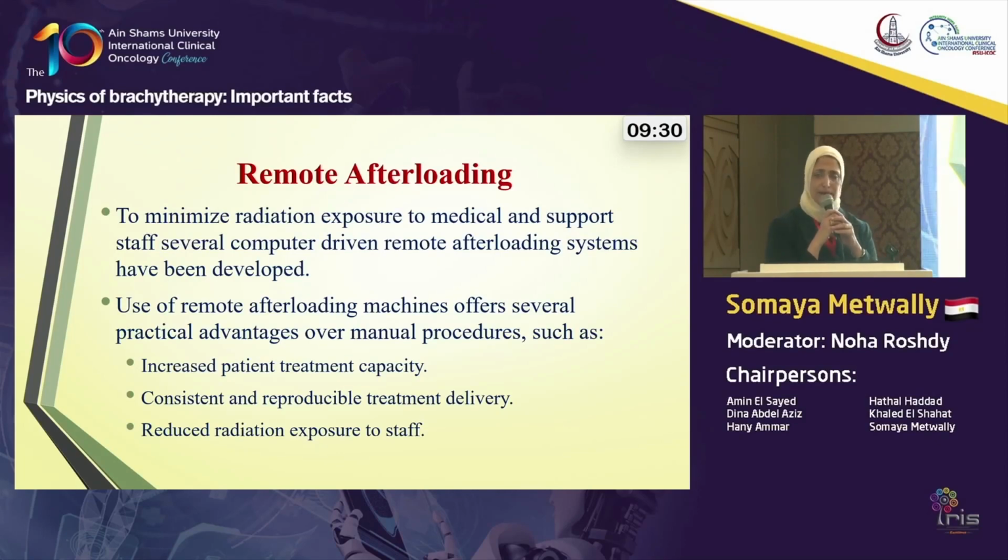So you can't treat maybe 1 or 2 per day, but after this development, we can handle maybe up to 8 patients per day. This is one of the advantages of the remote after loading. And also one of its advantages is reduced radiation exposure to the staff.